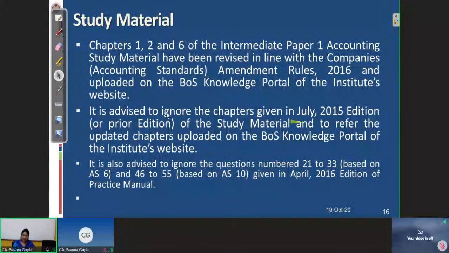So it is advised to ignore chapters 1, 2 and 6 from the earlier edition, whatever you are having, but you are advised to refer to the updated chapters uploaded on the BOS portal. It is also advised to ignore questions number 21 to 33 based on AS6 and 46 to 55 based on AS10 given in your old PM. Okay.